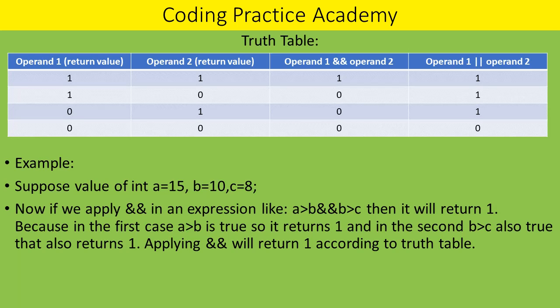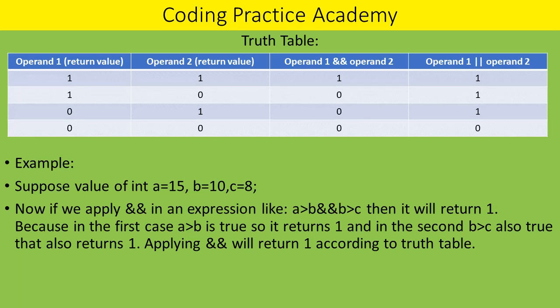That means if either of the operands is true, then the logical operator OR will return a true value. And in the case of the logical operator AND, both the operands' return values must be true, else it will return a false value.